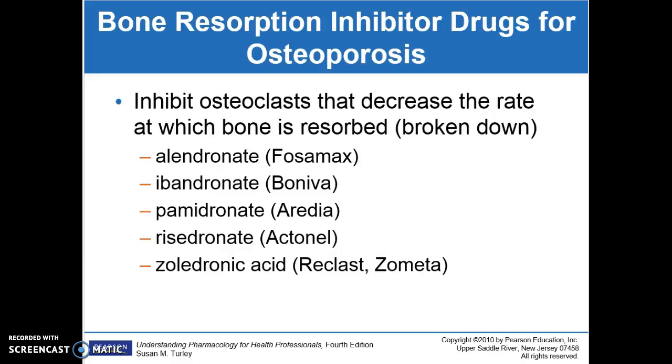She has osteoporosis, so she's the spokesperson for that one. Some of these may be more familiar to you than others, but that's what this particular category of drug is all about. It helps to decrease the rate at which the bone is broken down or reabsorbed.